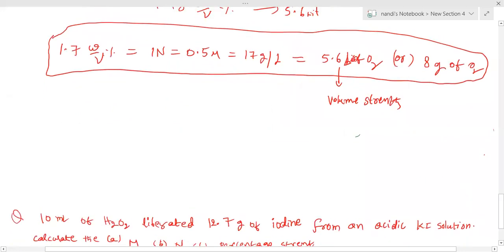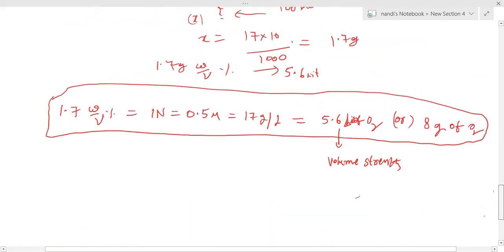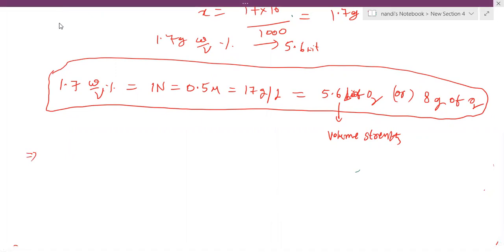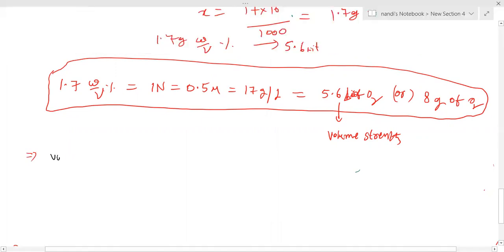And one more point about volume strength, you can remember directly: volume strength of H2O2 into volume of H2O2 equals volume of O2 at STP.